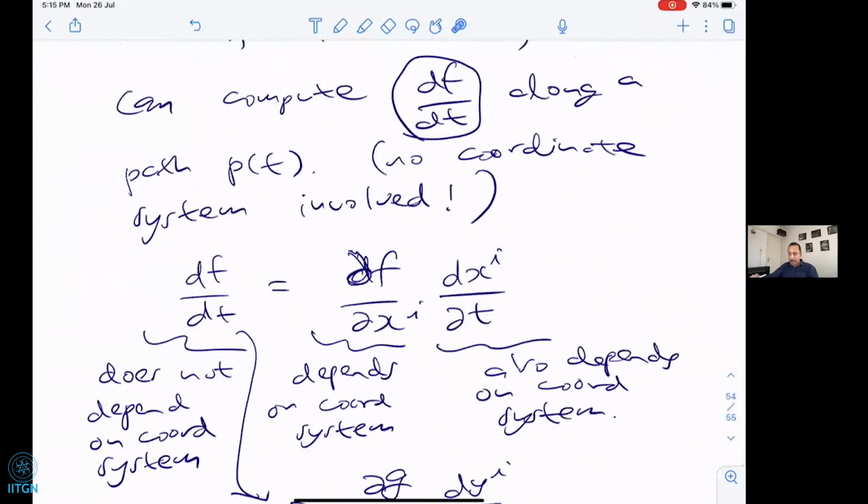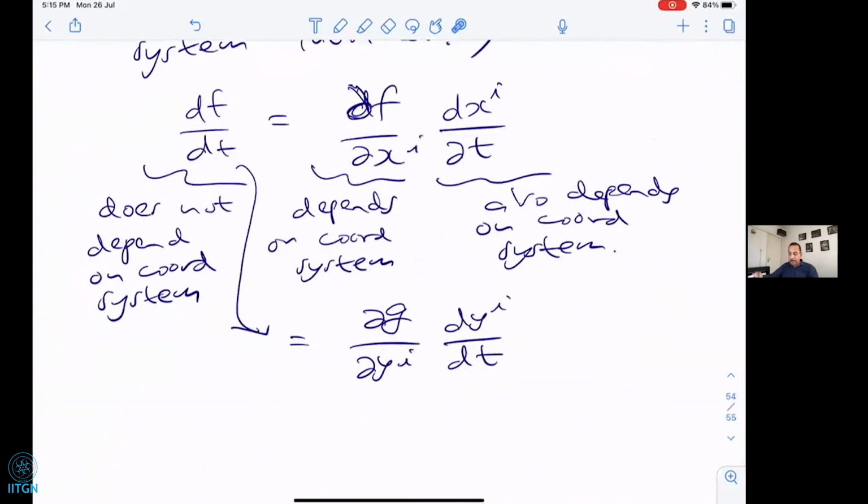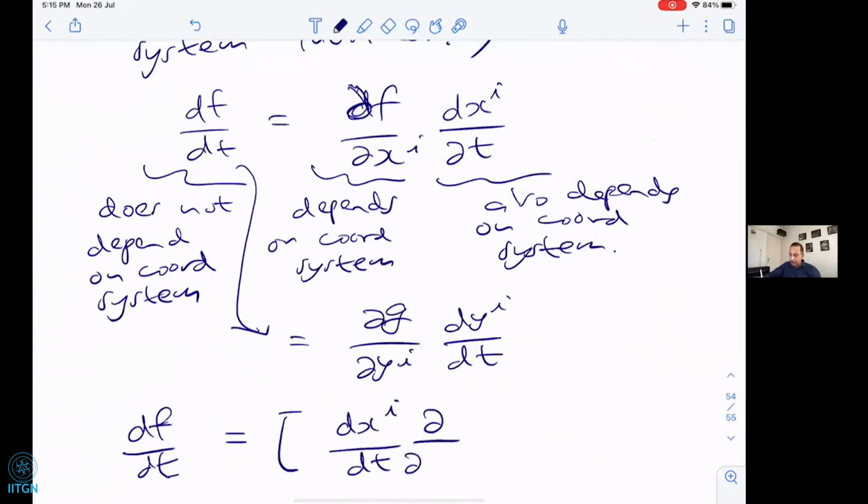Okay. And this allows us to introduce a notation which is not used that much in physics, but is very popular in mathematics. And let me try to do it. So let me write dF by dt, the same expression, but in a slightly more suggestive way as dxi by dt del by del xi acting on f. I've just taken this equation and rewritten it by taking f outside.